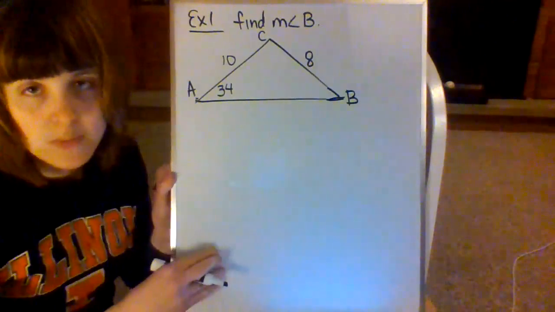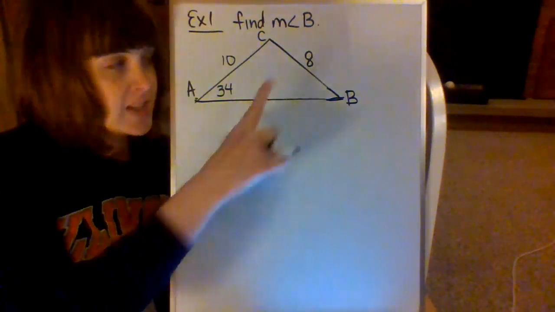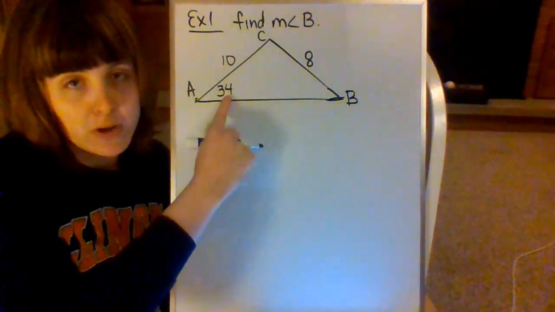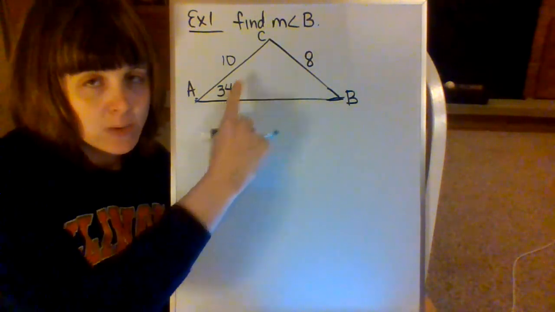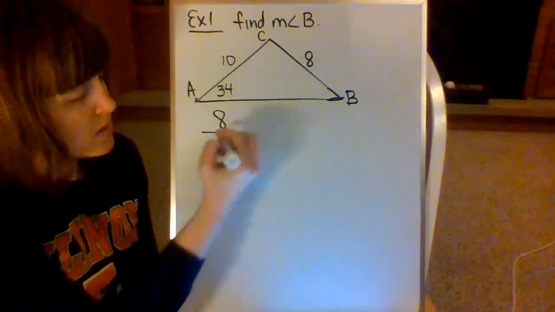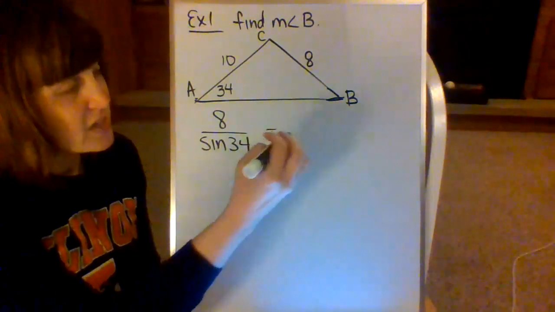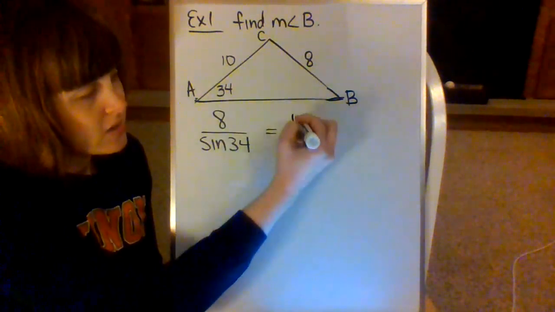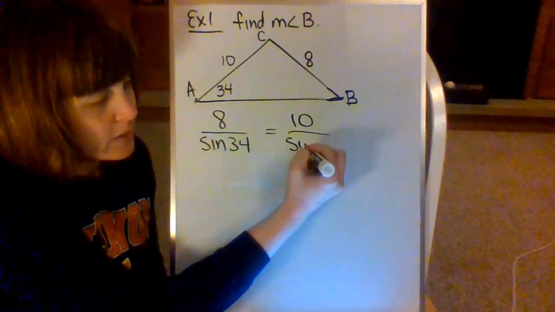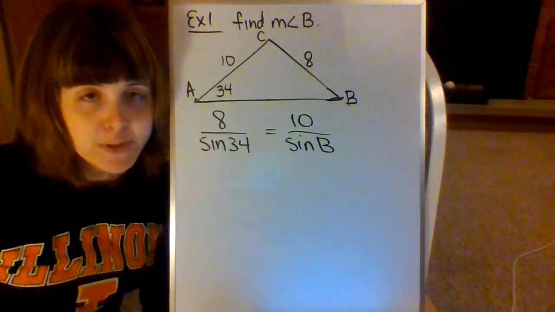Here's our first triangle, and we're trying to find the measure of angle B. As you can see, 8 is across from 34 degrees. So we're going to start with 8 over sine 34, and that's going to equal 10 over sine B, capital B, because angles are represented with capital letters.